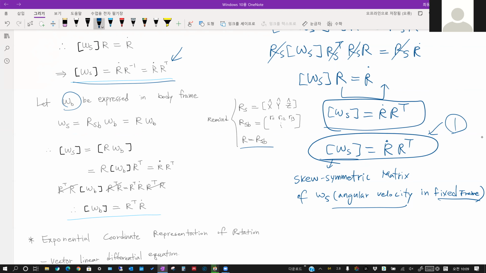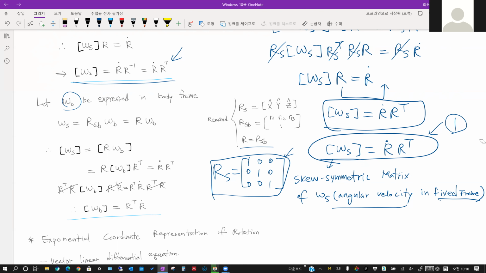And what is R_S? R_S represents the unit vectors of the fixed frame itself. So you can think of this one as 1, 0, 0, 0, 1, 0, 0, 0, 1. So we can simply write this one.